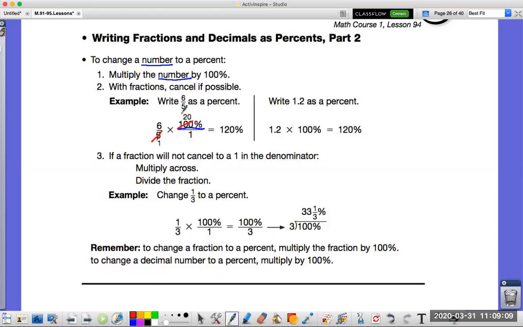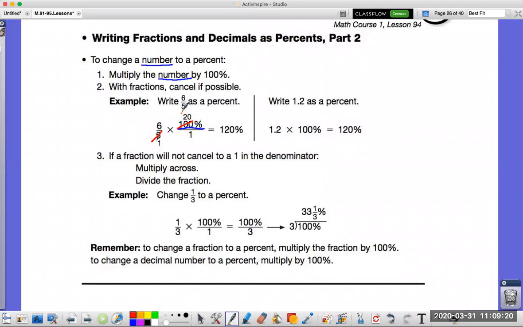So now all they're left with is this 20 and this 6. So then they have to multiply 6 times 20 to get 120, and then they add the percent symbol on in the end.